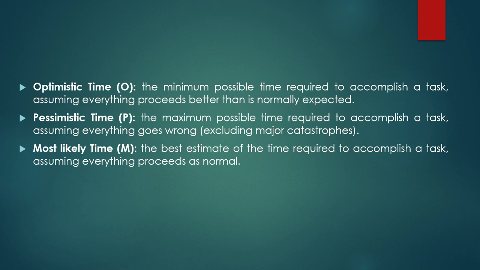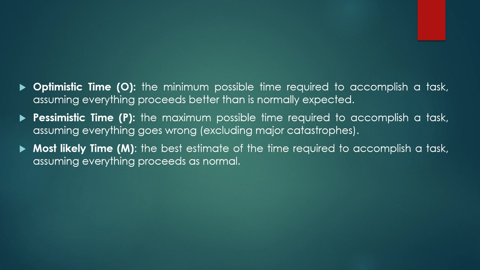We consider that there is no problem at all, and everything happens even before the expected time. Everything is so efficient, every machinery, every labor, that you complete your task even before the expected time, right? So we call it optimistic time. It is too optimistic. At times we can say it is too good to be true.